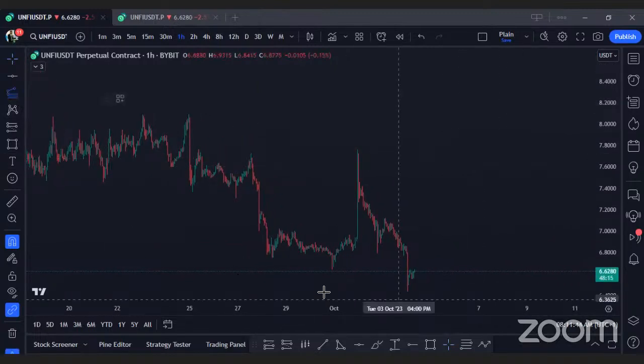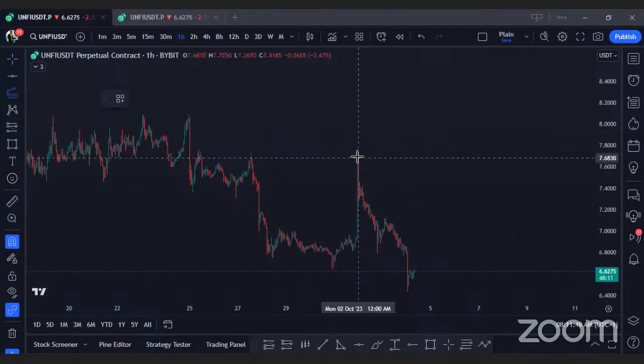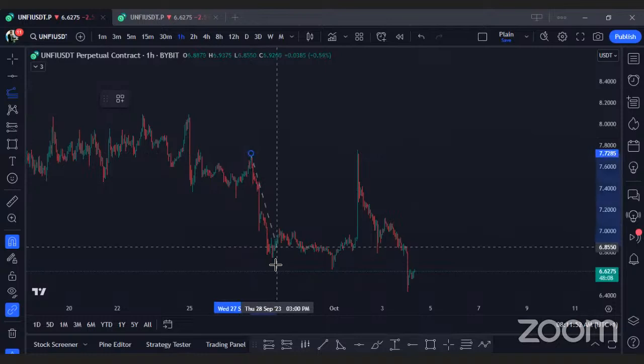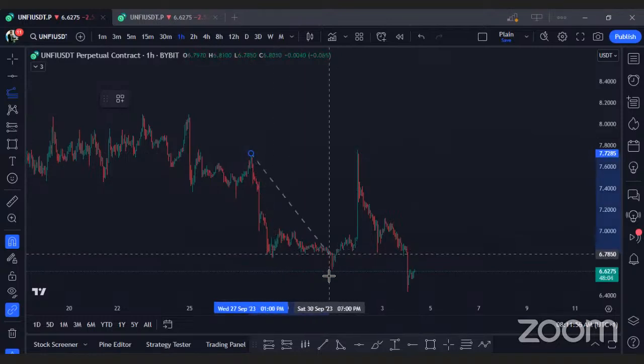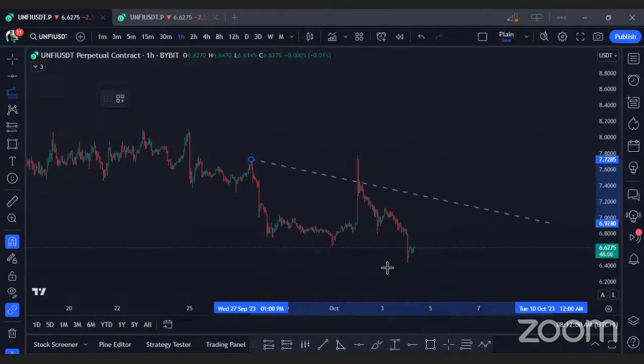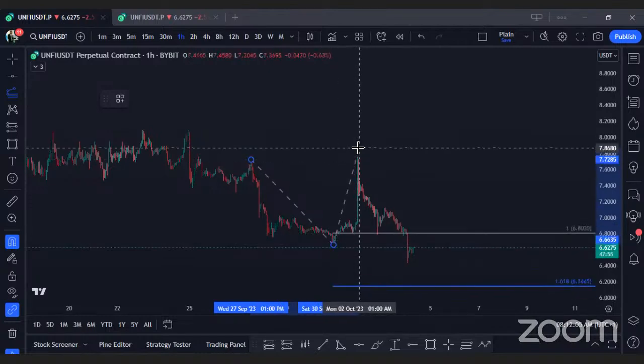And let me do my extension too. So we take this move here, for instance, down to this level. Let's do that level down there, and then take it up to that one there.